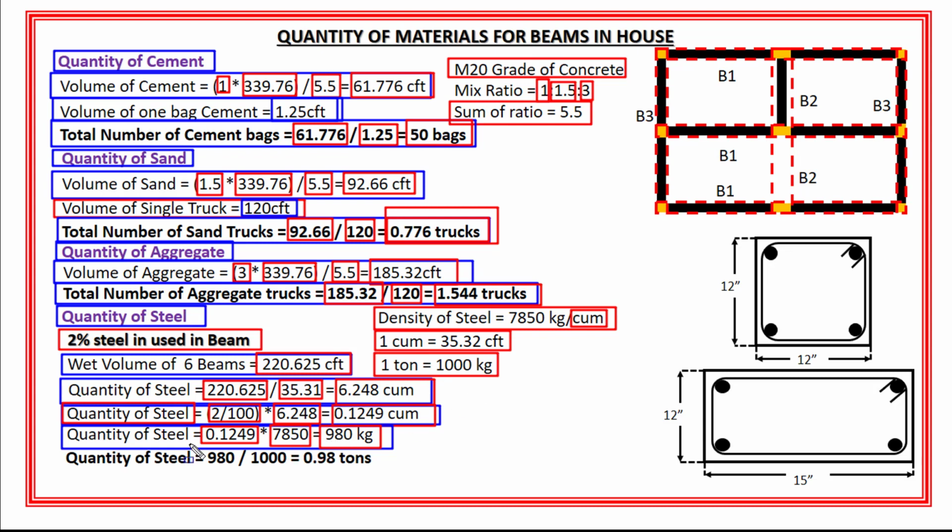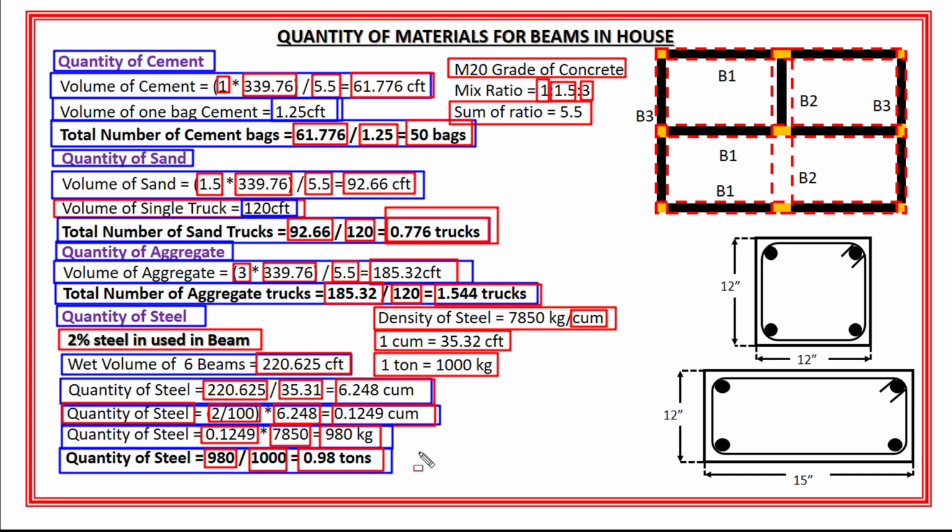So the total amount of steel is equal to 980 divided by 1000, and the final amount of steel in these 6 beams is equal to 0.98 tons. So now I can say that in these 6 beams I will need 0.98 tons steel, right?